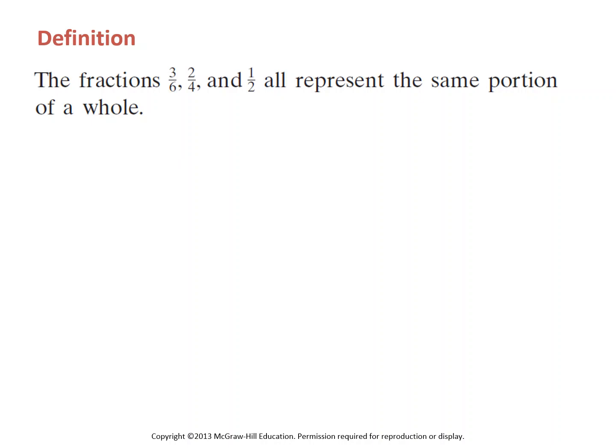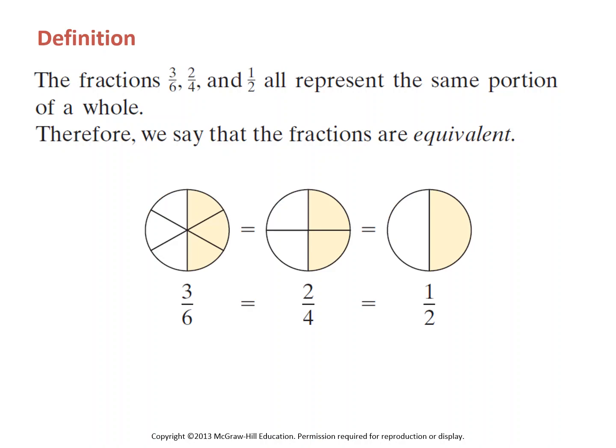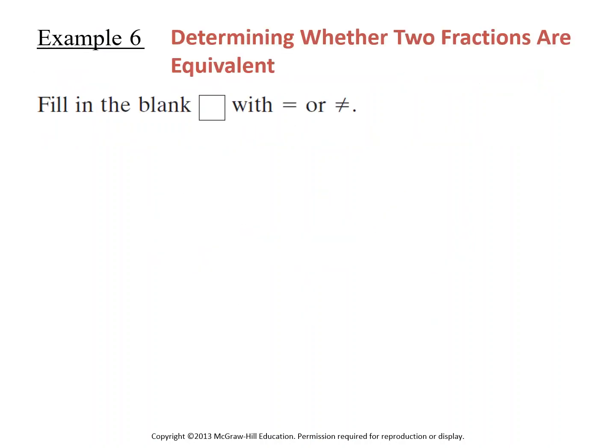The fractions 3/6, 2/4, and 1/2 all represent the same portion of a whole. So we call these fractions equivalent. We're going to determine whether two fractions are equivalent by taking the cross products test.